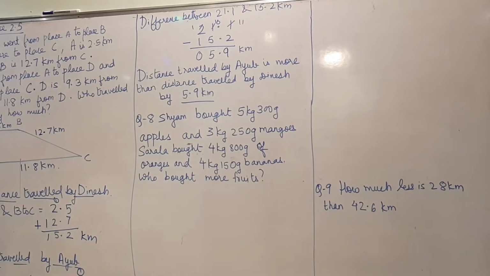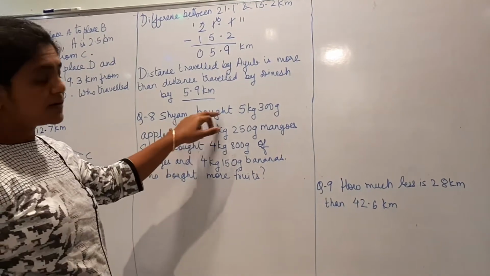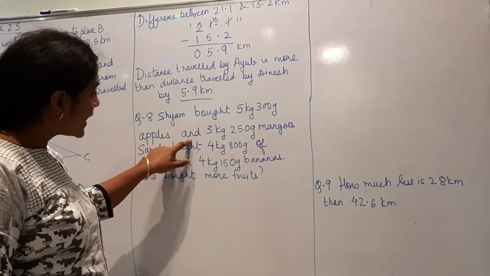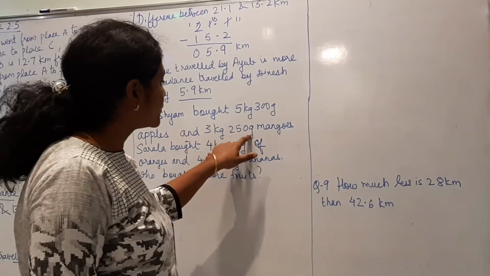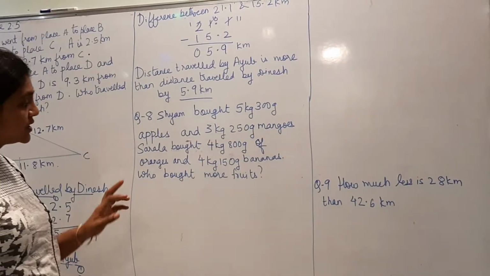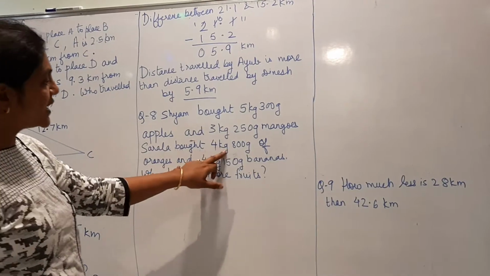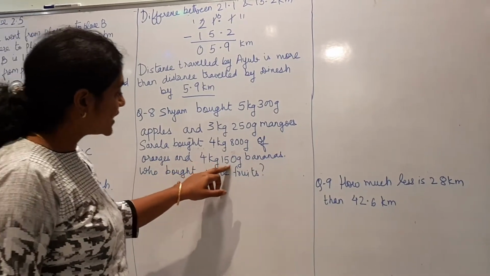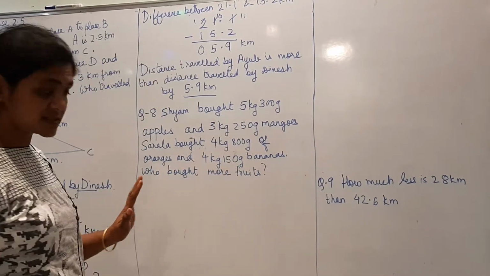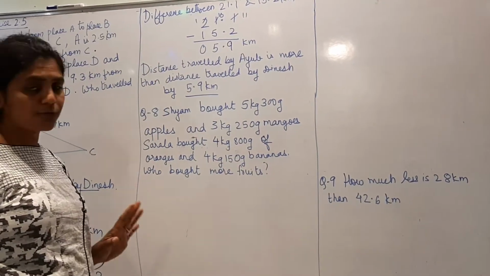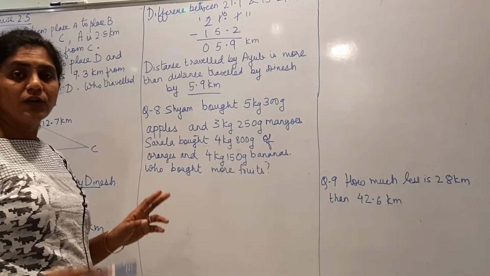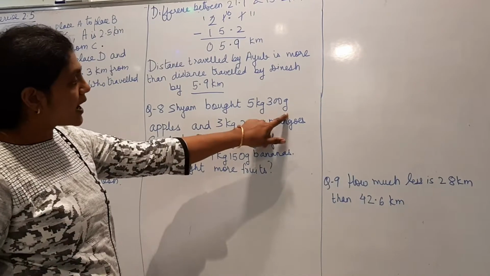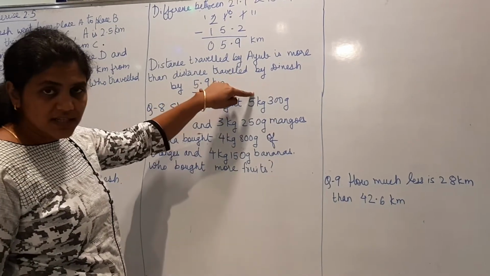Now question 8. Sham bought 5 kilogram 300 gram apples and 3 kg 250 gram mangoes. Sarla bought 4 kg 800 grams of oranges and 4 kg 150 gram bananas. Who bought more fruits? So we know one is in kg, another is in gram. Gram we will convert into kg.